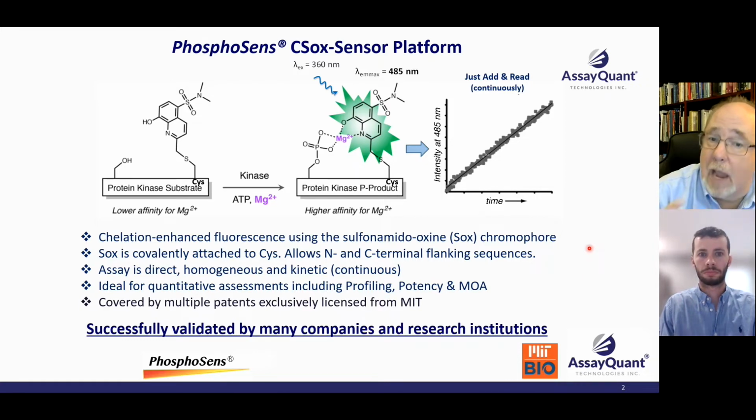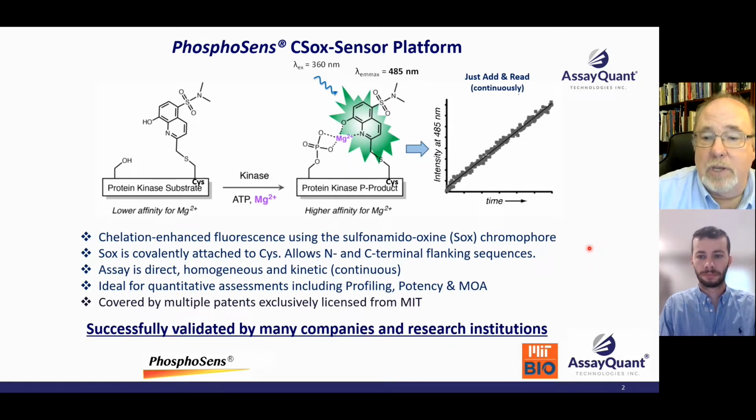When the kinase phosphorylates this peptide substrate, that allows a magnesium to be chelated between the phosphate and the SOX fluorophore, and the fluorescence is enhanced by that chelation event. We can monitor that increase in fluorescence as a function of time. This assay is direct, homogeneous, and continuous, so in the end, as Jack said, you get a progress curve in every well.